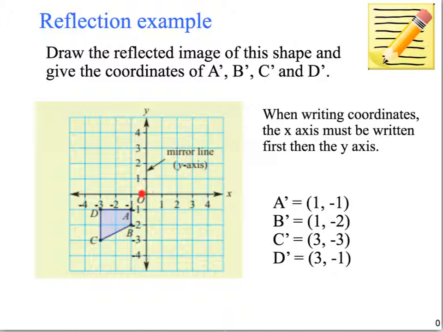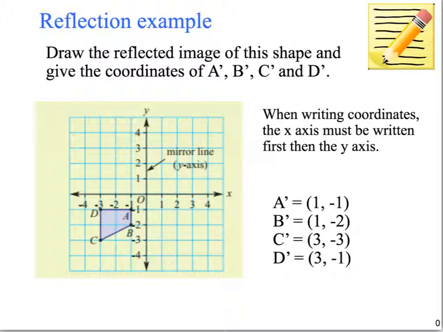So this is -1 and -1 for A, and we're looking at x first, then y. That's something really important to know when you're writing down your coordinates. Otherwise, even though you may know what you're doing, if you don't write the answer down correctly because you haven't done the x-axis properly, then you won't get the marks that you deserve. So we want to make sure that that happens.